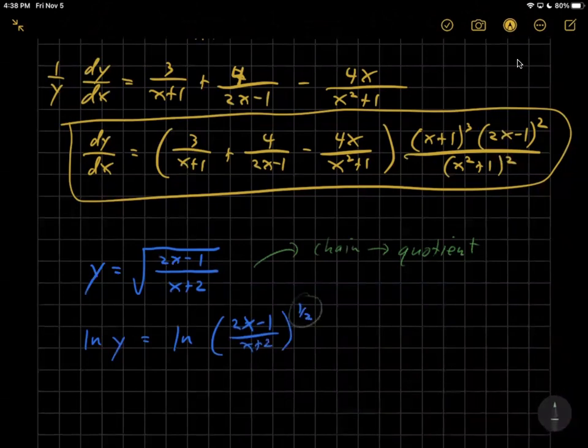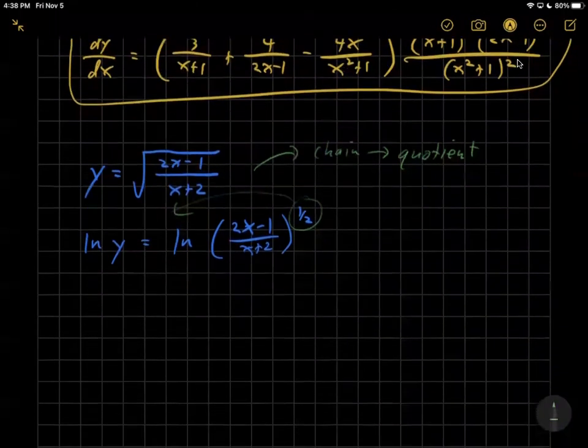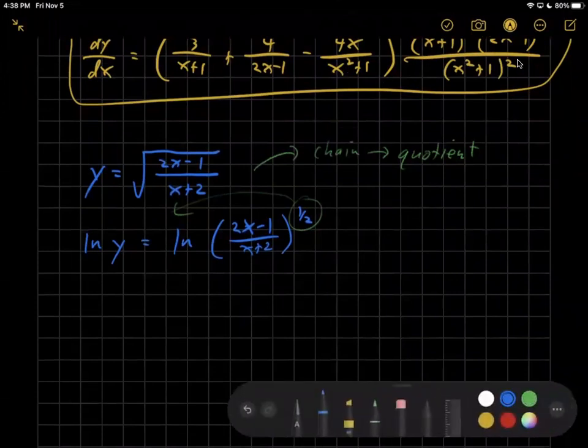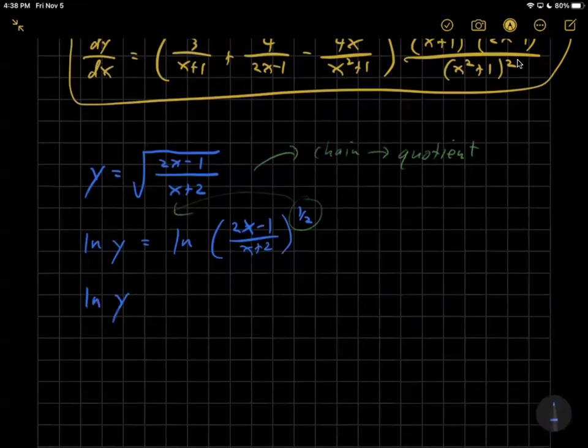This means we can apply our power rule and bring the 1/2 out, and then we'll have the log of a quotient. So we'll be able to use the quotient rule as well. We just have to be careful with our parentheses. Let's rewrite this first before taking the derivative. So we can rewrite this as 1/2 times ln of 2x minus 1 minus ln of x plus 2.